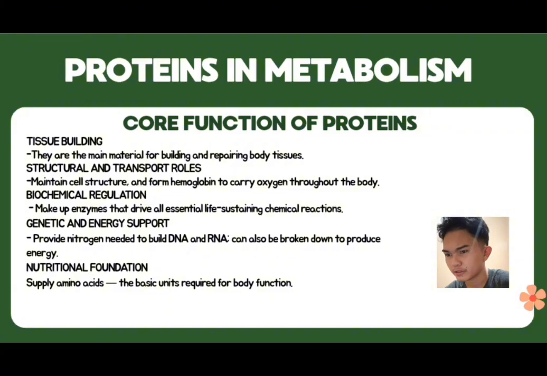Next is genetic and energy support. Protein provides nitrogen needed to build DNA and RNA and can also be broken down to produce energy. Here is what is going to happen to your genetic and energy system when you do not get enough protein.